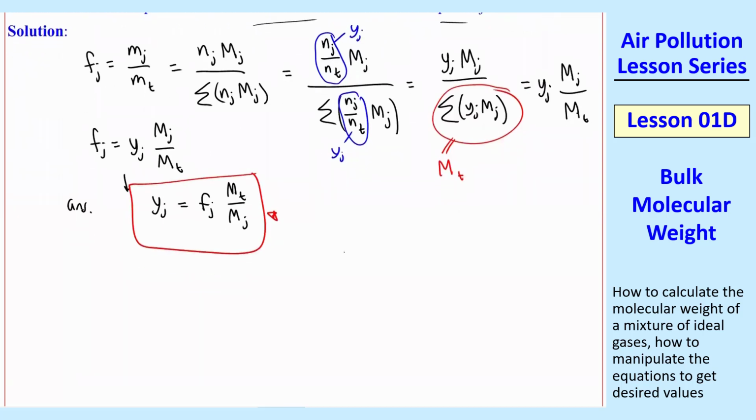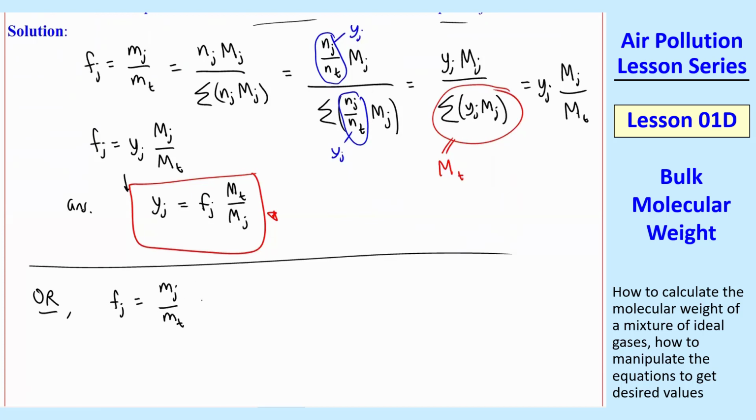So that's one way to do it, and that just gives you some practice manipulating, what I call manipulating. Or if you're a little more clever, you might do it this way. Fj is mj over mt by definition. We start the same way, but now I recognize that this is Nj Mj, just like I had up here.